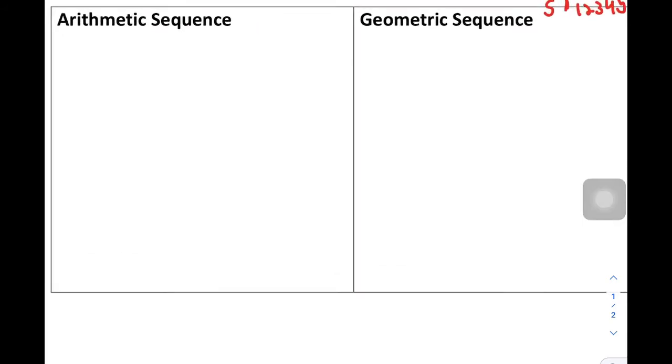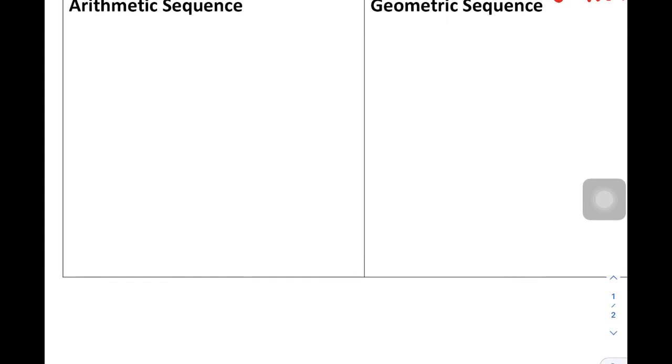Arithmetic sequences, these are lists where we add or subtract.